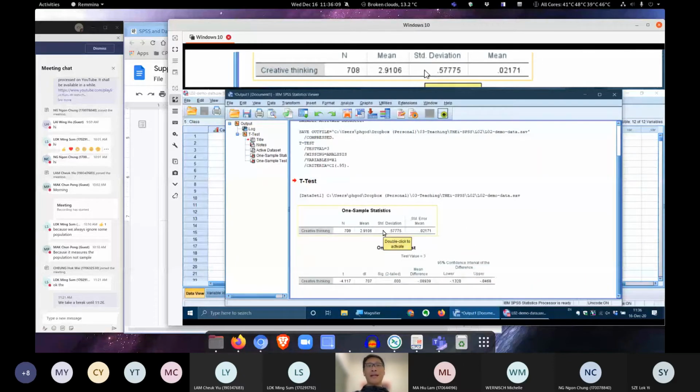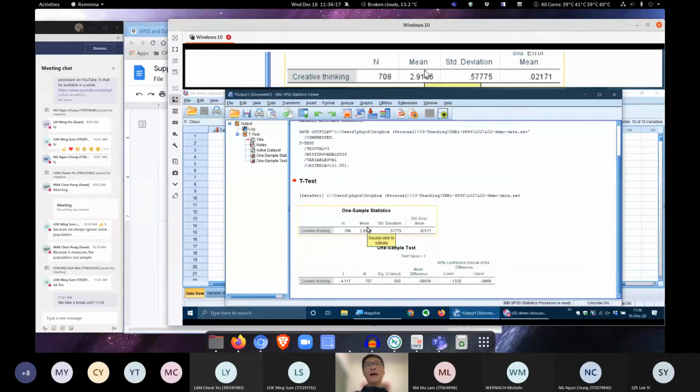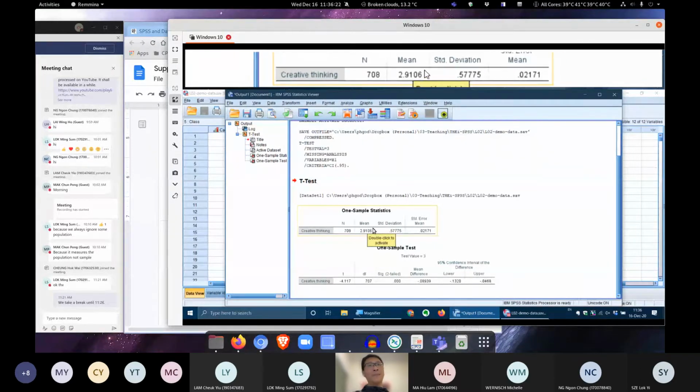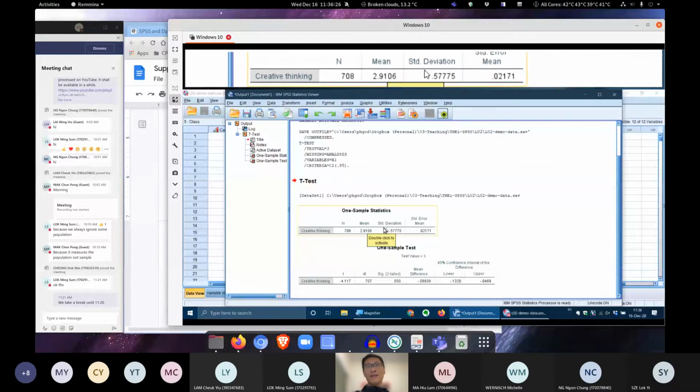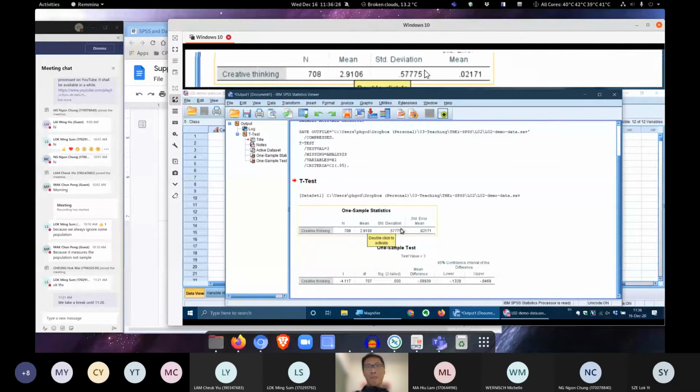So this is the output. Again, as I show you in the lecture notes, the first table is the descriptive statistics. So we have the sample mean of x1. x1 is creative thinking in this case, and the sample mean is 2.9106. We have the standard deviation and the standard error. Now we are testing if this population mean is equal to 3.